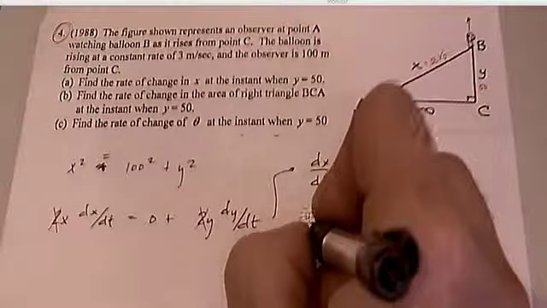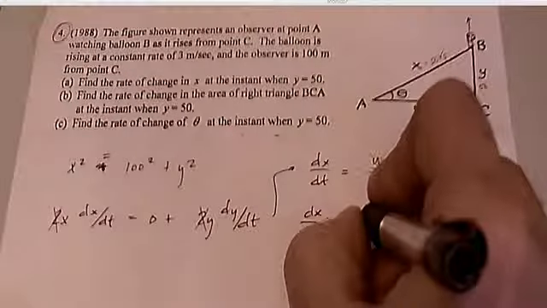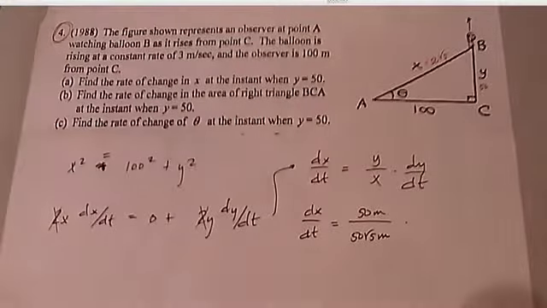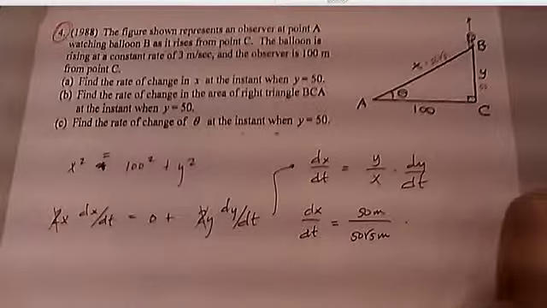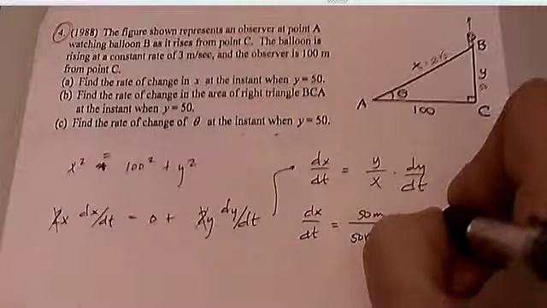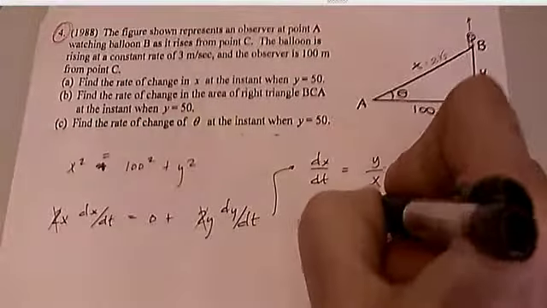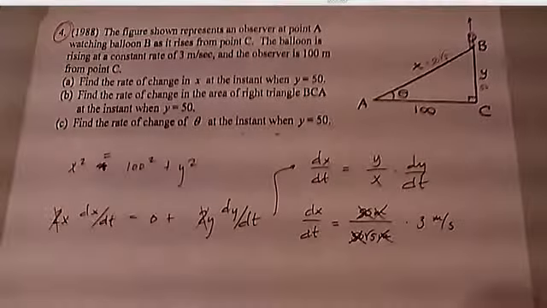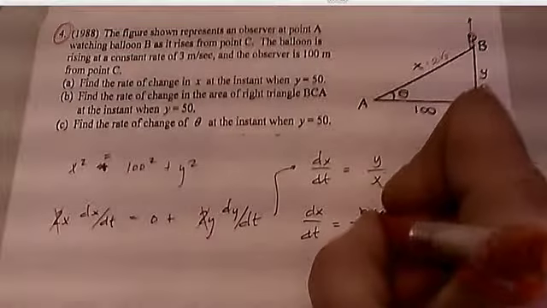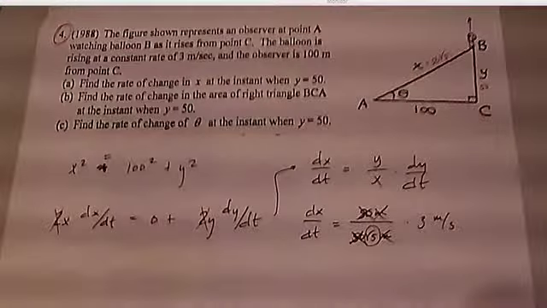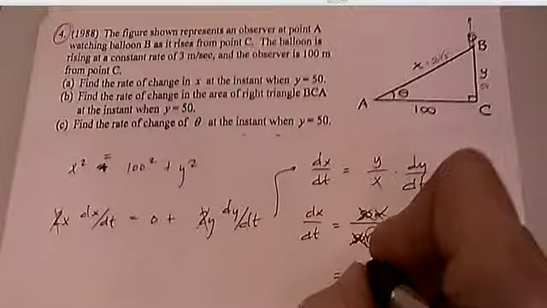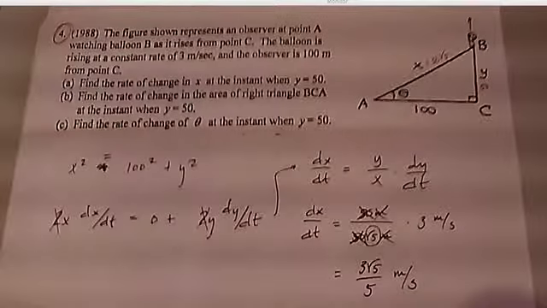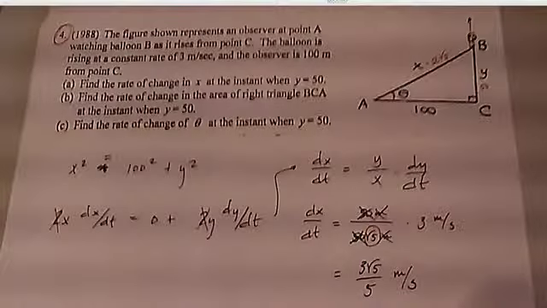And dx/dt winds up being 50 meters over 50 root 5 meters, and then dy/dt is 3 meters per second. Now, those units cancel out. Those 50s cancel out. And the only thing that's left in that ratio is that root 5 in the denominator. And if your teacher wants you to rationalize the denominator, you get that. Okay? 3 root 5 over 5.